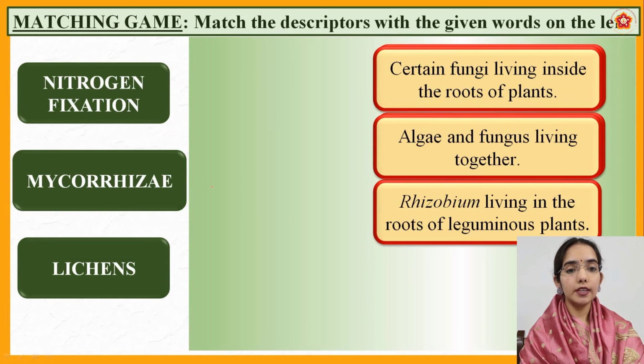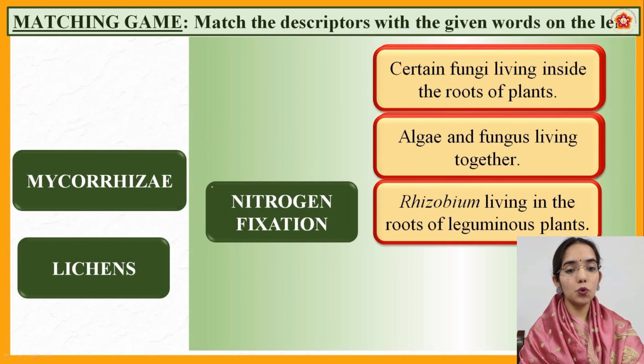So, quickly read these statements. Okay, the first one on the left, the first word is nitrogen fixation. So as we studied, rhizobium living in the roots of leguminous plants, they do nitrogen fixation, right?